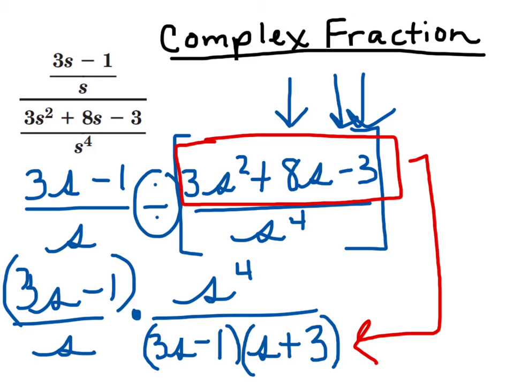And again, when we factor polynomials, we like to do a quick mental check back to make sure that the outer product and the inner product combine to make our middle term. Since the outer product is 9s and our inner product is negative s, that gives us a grand total of positive 8s, and we're confident with our answer.